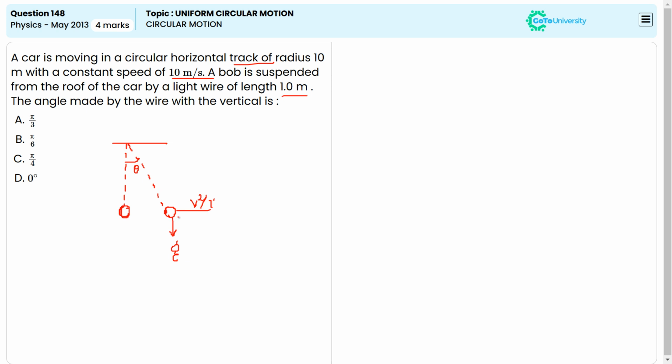Okay, and what about this angle? This angle is also equal to theta. Then we need to find the angle theta. We can define this in terms of tan theta. Tan theta is equal to v square by r, whole divided by g.